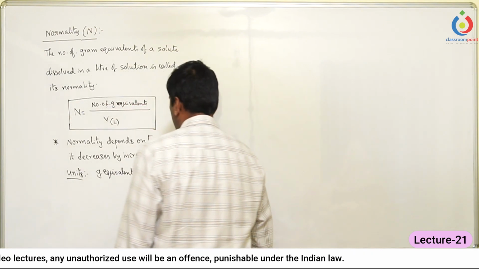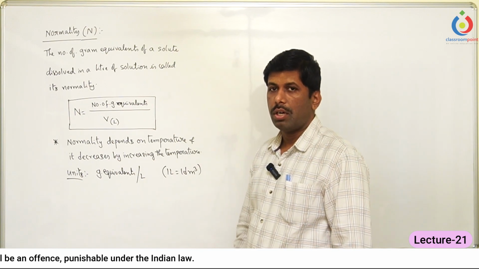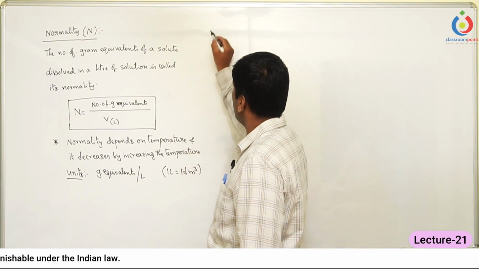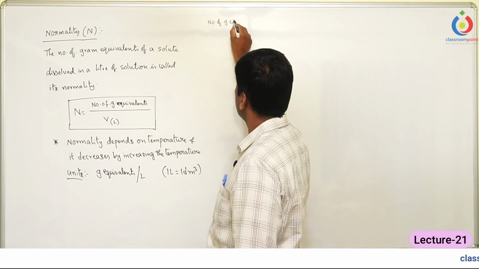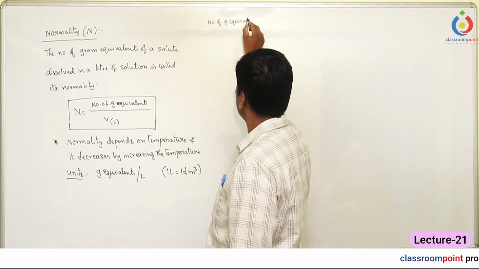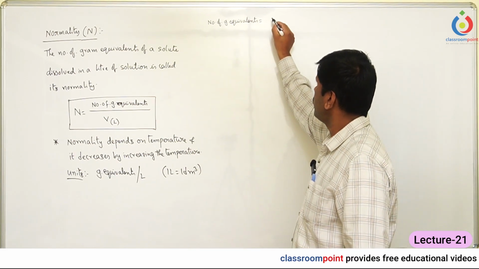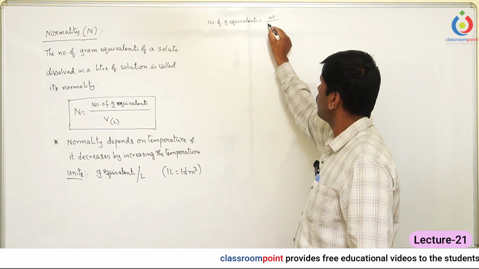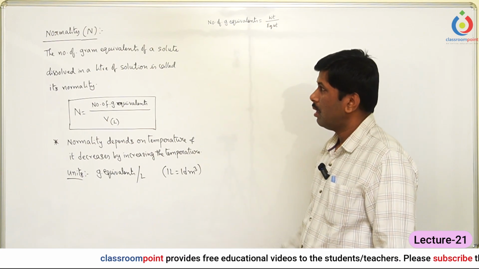Now let us see how to modify this formula to solve questions. We know that the number of gram equivalents is equal to weight divided by the equivalent weight of the solute.